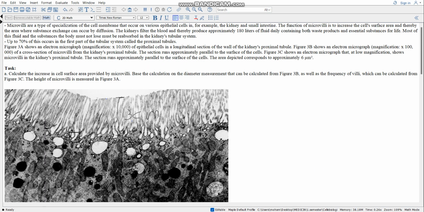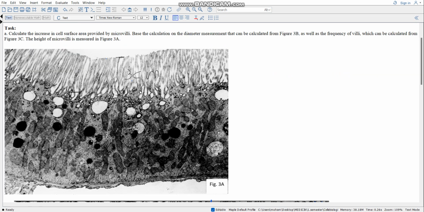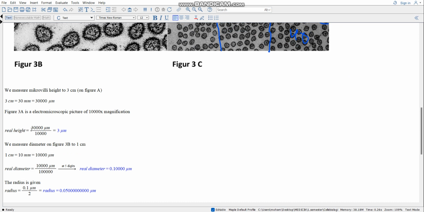However, they tell us that figure 3a shows an electron micrograph magnification of x 10,000. So we need to divide that by 10,000 to give us the real height of the microvilli. So that is what I've done here. So 30,000 micrometers, which is the height I've measured, we need to divide it by the magnification, and that gives us the real height of the microvilli to be 3 micrometers.